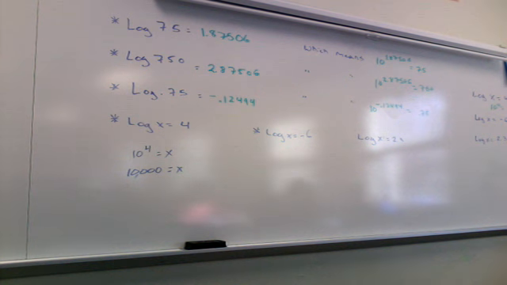What that's saying is that the exponent is negative 6. The negative 6 tells you it's 5 zeros.